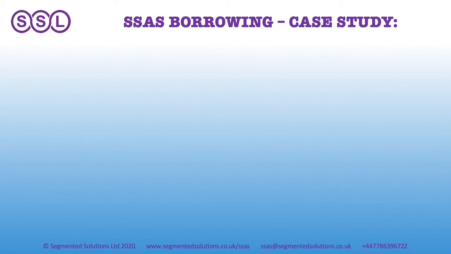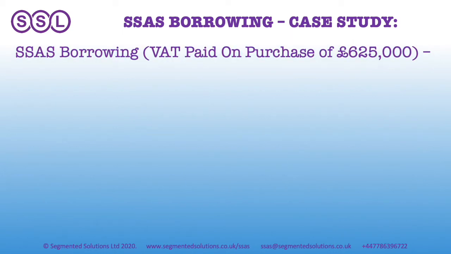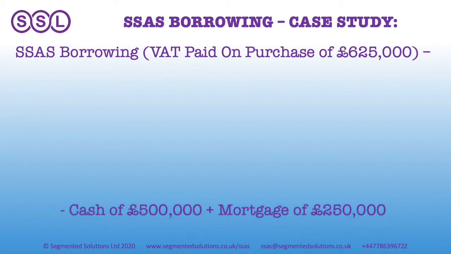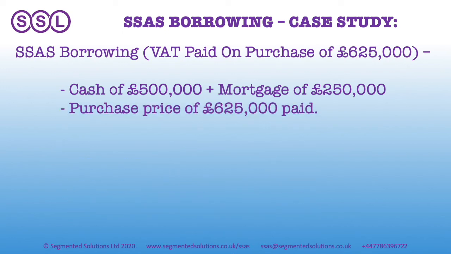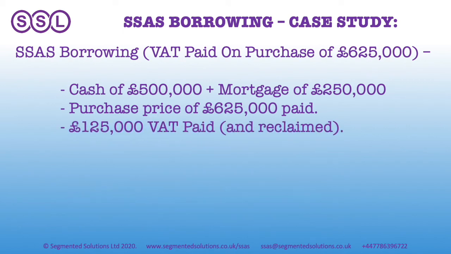Okay, so here's a quick case study where the SSAS is buying a property for 625,000 and there's VAT due. It starts off with 750,000 within the SSAS, and again I'm just ignoring the stamp duty and the legal fees and all the ancillary bits and pieces to keep this simple and straightforward. Purchase price of 625 is paid, £125,000 of VAT is paid.